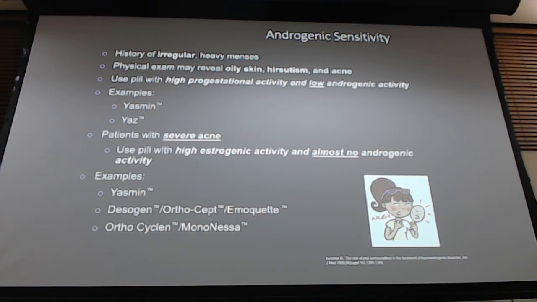Let me see if I can find something that has high progestin and low androgenic activity, because maybe they have this sensitivity that we didn't know about until we started them. So these symptoms could be a history or a reaction to the contraceptive that you put them on. So this is for changing meds then? Both. Changing meds or starting a med. Right. Yes.